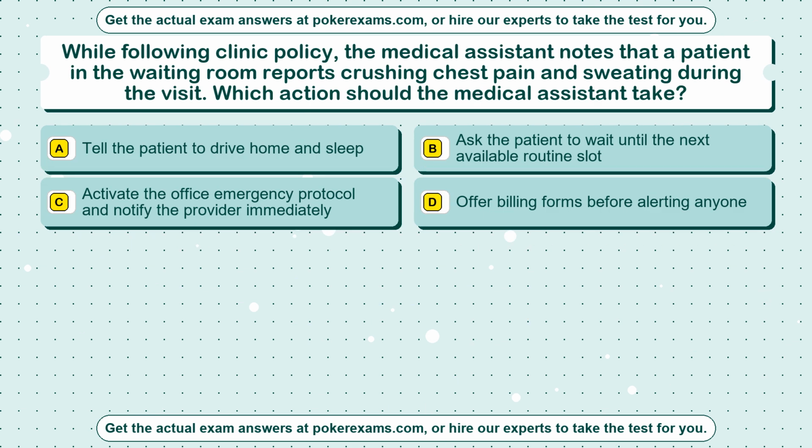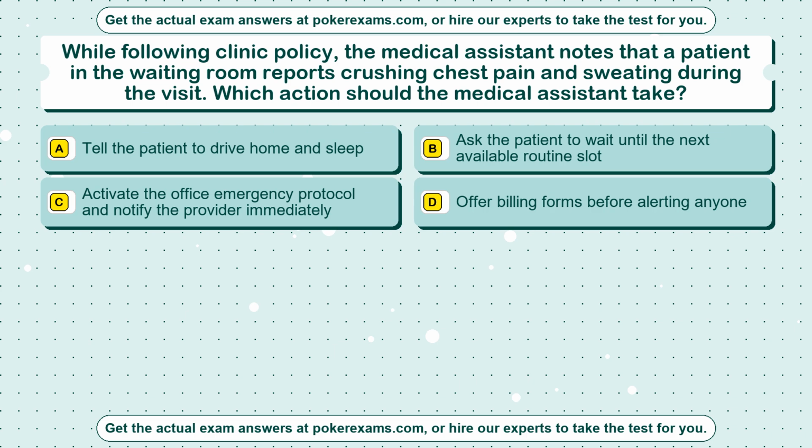Question 66. While following clinic policy, the medical assistant notes that a patient in the waiting room reports crushing chest pain and sweating during the visit. Which action should the medical assistant take? Option A, tell the patient to drive home and sleep. Option B, ask the patient to wait until the next available routine slot. Option C, activate the office emergency protocol and notify the provider immediately.